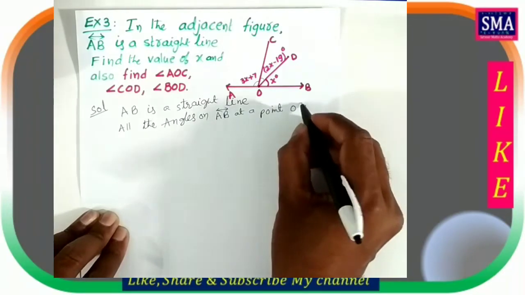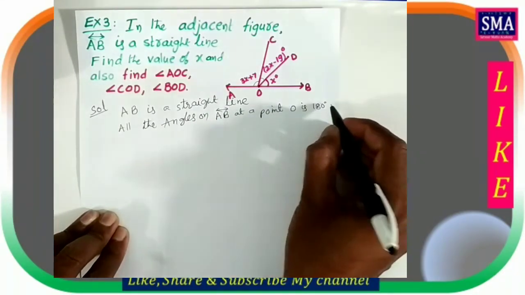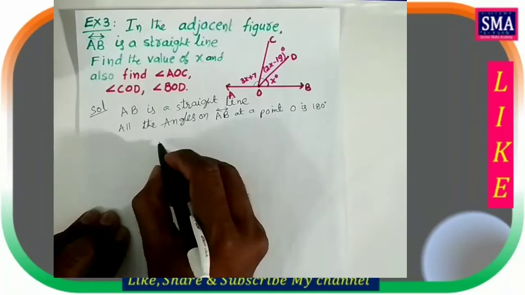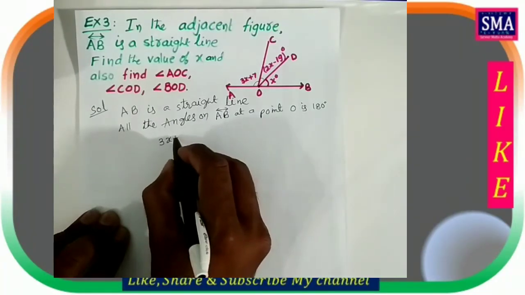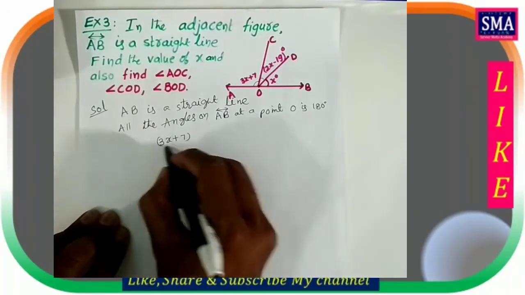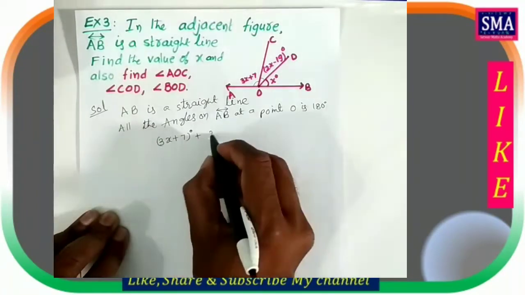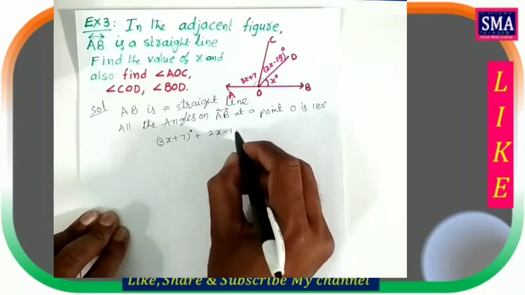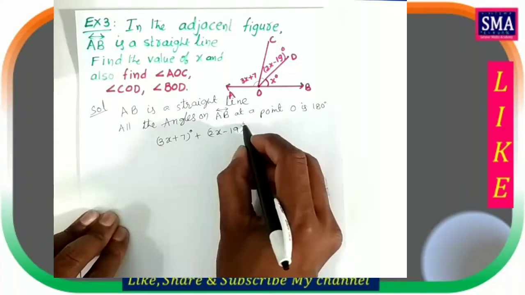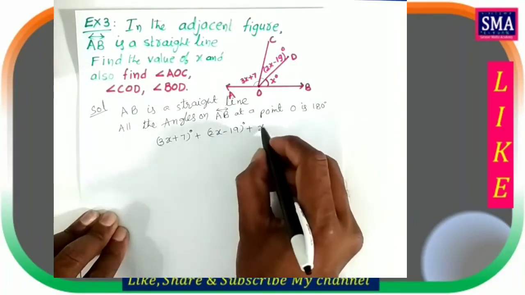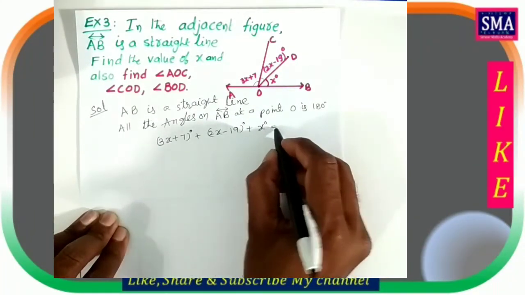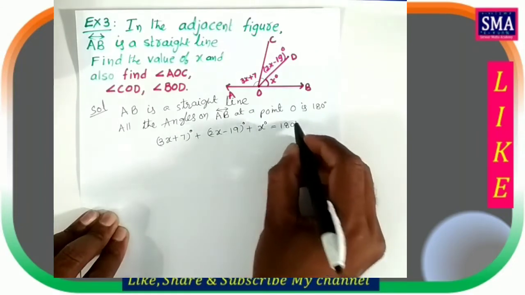O is 180 degrees. So write down, first one is 3x plus 7 degrees. Second one, 2x minus 19 degrees. Third one, x degrees is equal to 180 degrees.